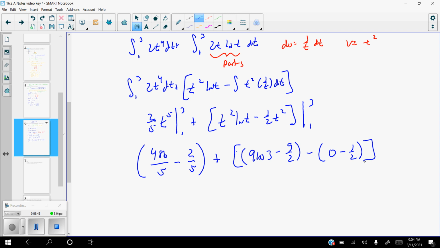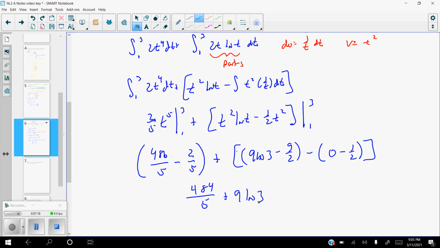So 486 minus 2 for the fifth part is going to be 484. 484 over 5. Let's make that look like an actual 4. Plus 9 natural log of 3. Not much we can do with that. And then we've got minus 9/2 minus a minus 1/2, so plus a 1/2.